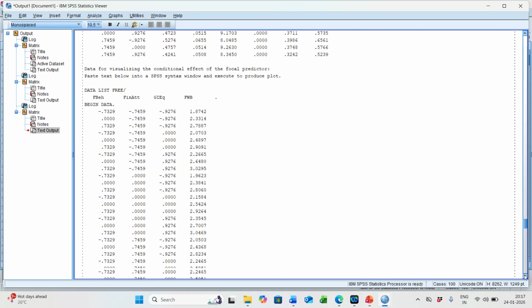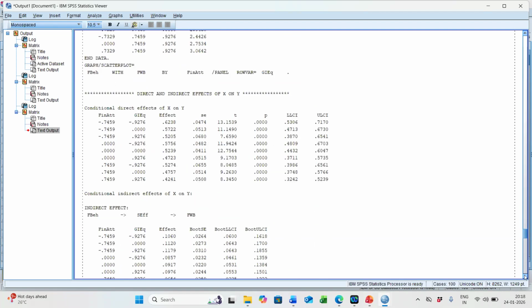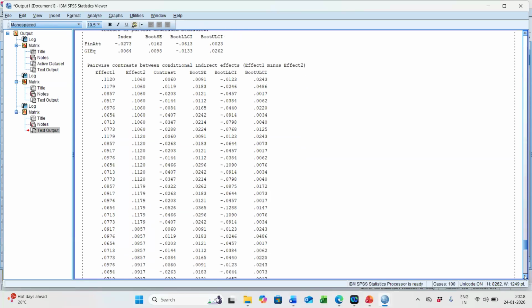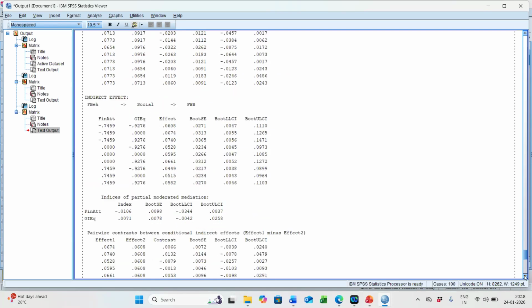Further explanations are there. When we are doing more and more complicated analysis, more and more details are available to us. Okay, we have discussed up to model number 10.